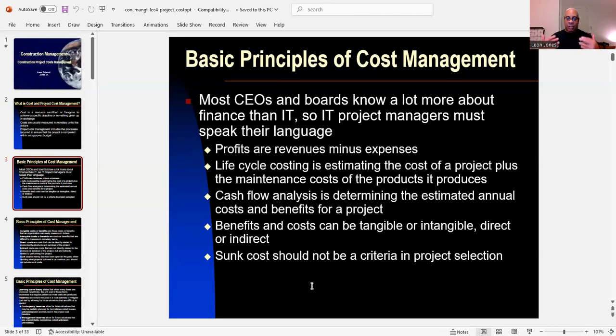And we also have life cycle costing, which I'm going to talk about, project lifecycle, next week. Well, when we deal with life cycle costing, it's basically estimating the cost of a project plus the maintenance cost of the project it produced. Well, basically, projects have a life cycle.